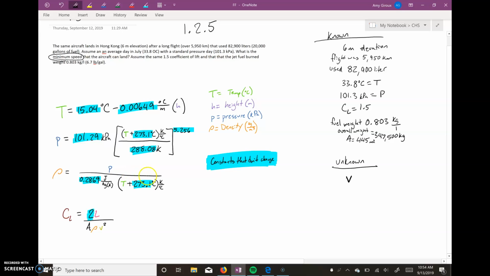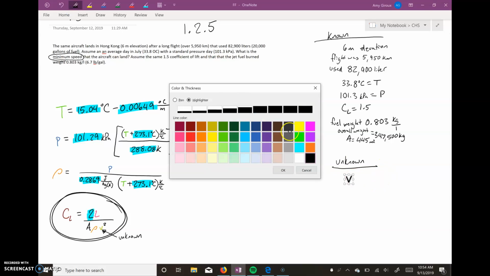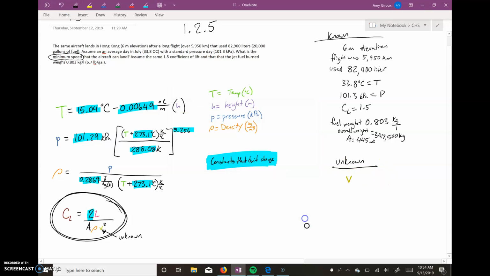If we look at the equations that we have, we are going to wind up using this equation right here to find velocity, because that's our unknown. I'll try to color some of these so they show the same color as here.